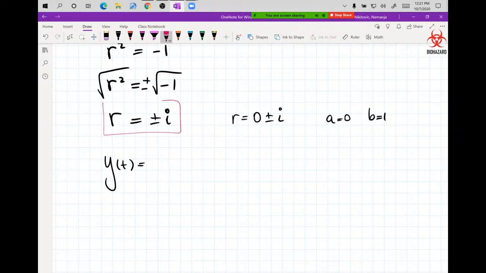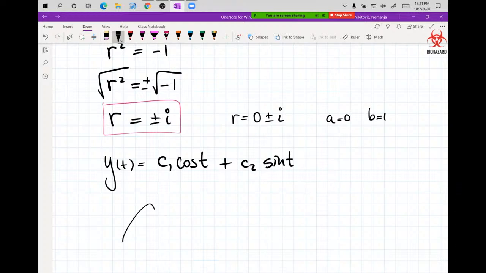Because a is 0, we are only left with c1 cosine 1t, which is just cosine t, plus c2 sine t.